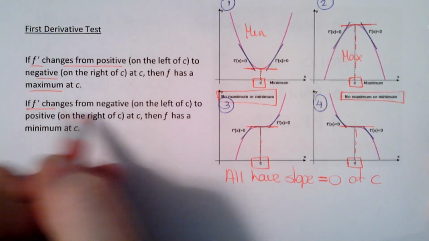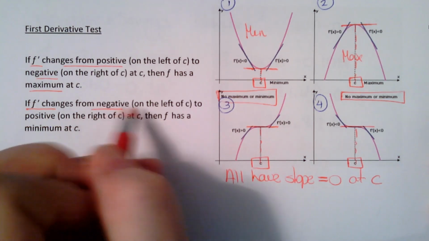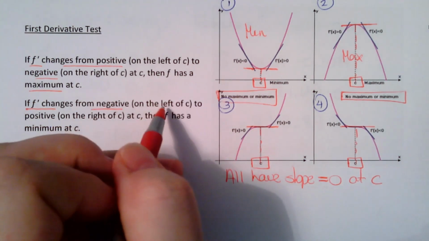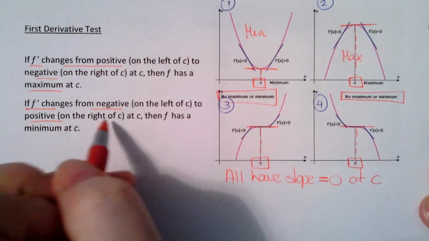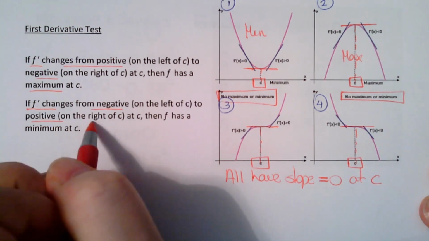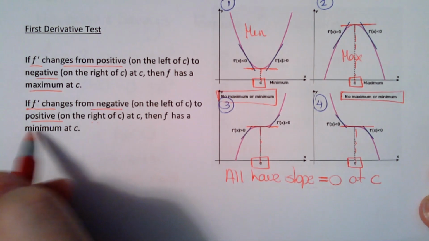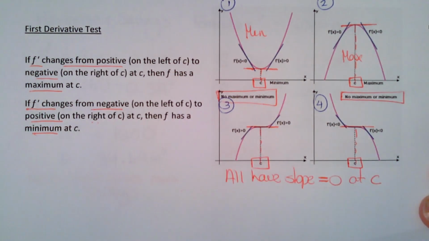If the derivative goes from a negative value on the left of C to a positive on the right of C, then you will have a minimum.